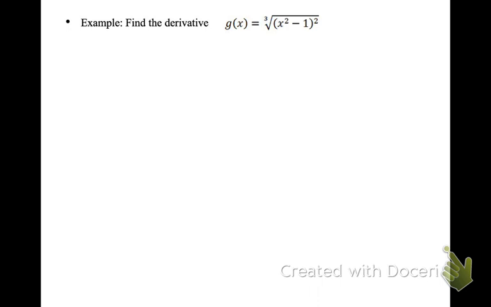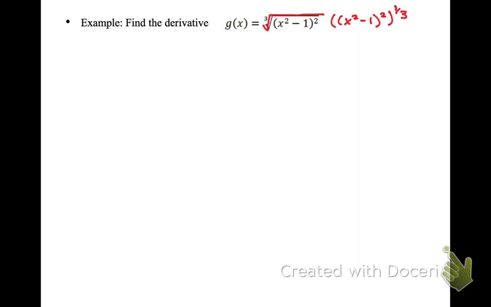Okay, so this is basically x squared minus 1 squared to the 1/3. Yes? Because 1/3 came from where? The cube root. Okay, so we're going to start on the outside and keep going in until we get to the middle.